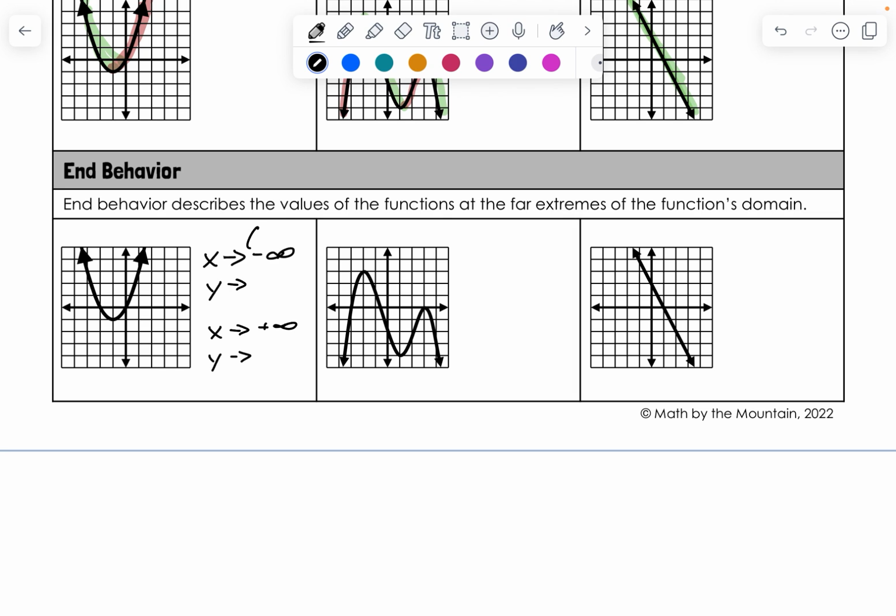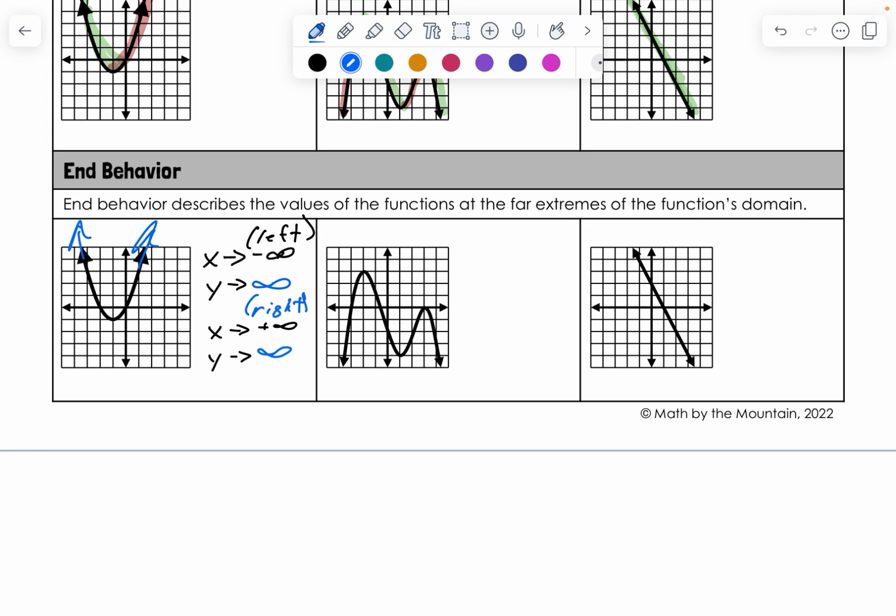As we're looking to the left, as X is getting smaller and smaller, what's happening to Y? Well, it's going up, up, up, up. It's going up to +infinity. As we go to the right, as we go bigger and bigger for X, what's happening? It's going up, up, up again.